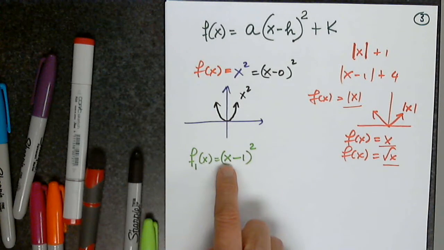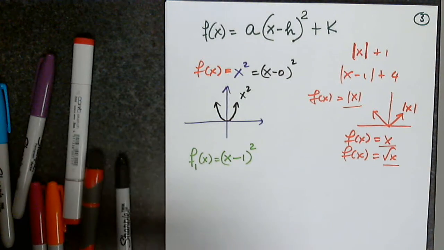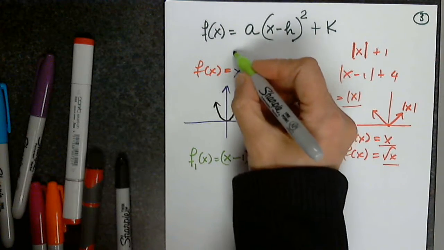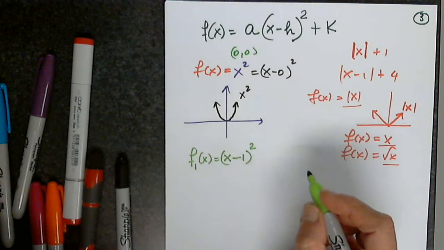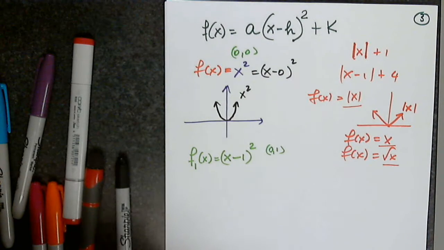Let's say when x is 0, I have 0 minus 1, which is negative 1. So negative 1 squared is 1. So for this function, I had the point (0, 0). But for this function, when x is 0, y is 1. So that will be the y-intercept.